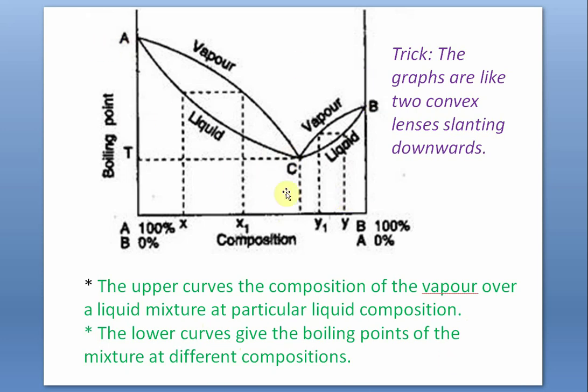But the liquid and vapor curves: the liquid curve is continuous, but the vapor curves are discontinuous. As a result, they meet at a single point C, where the liquid composition is the same as the vapor composition.